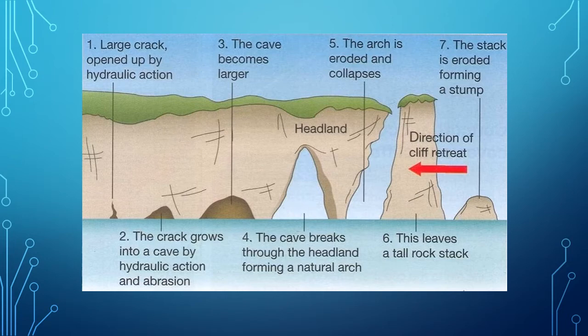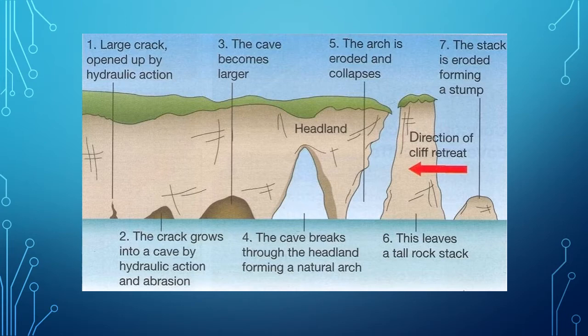Now in this figure, you can see how the water or the waves make different landforms in the water bodies. In the first process, you can see a large crack opened up by hydraulic action. Hydraulic action is done with the help of extremely high energy released by the waves.